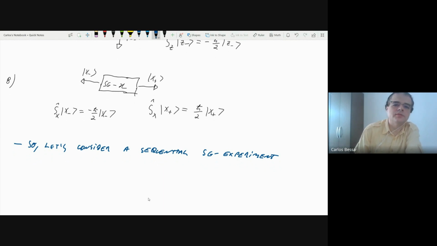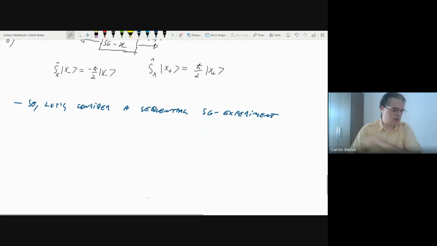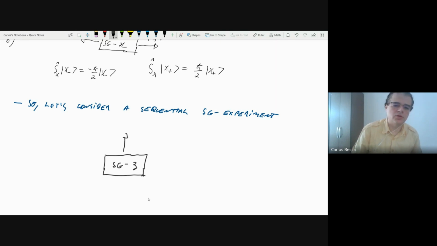So the sequence will be something like this. Consider first a Stern-Gerlach in the Z. We'll have the possibility to go up or down.